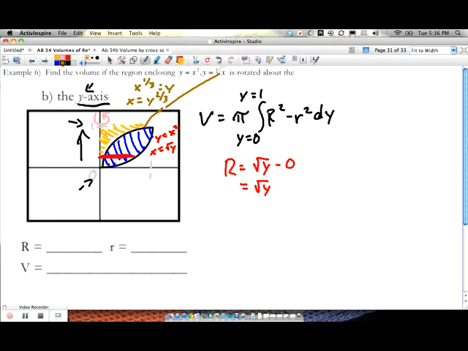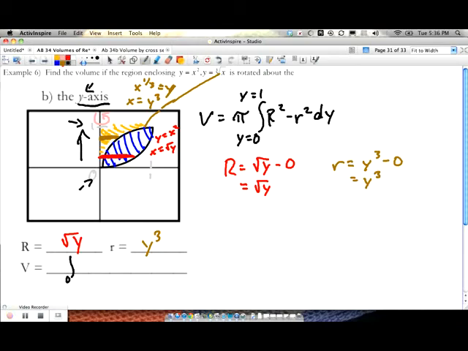Oh, pardon me, it's x equals y cubed. So for little r, on the inside, we're going from that curve to the axis of rotation. That's going to be r equals y cubed minus 0, or just y cubed. So little r is y cubed, big R is the square root of y.